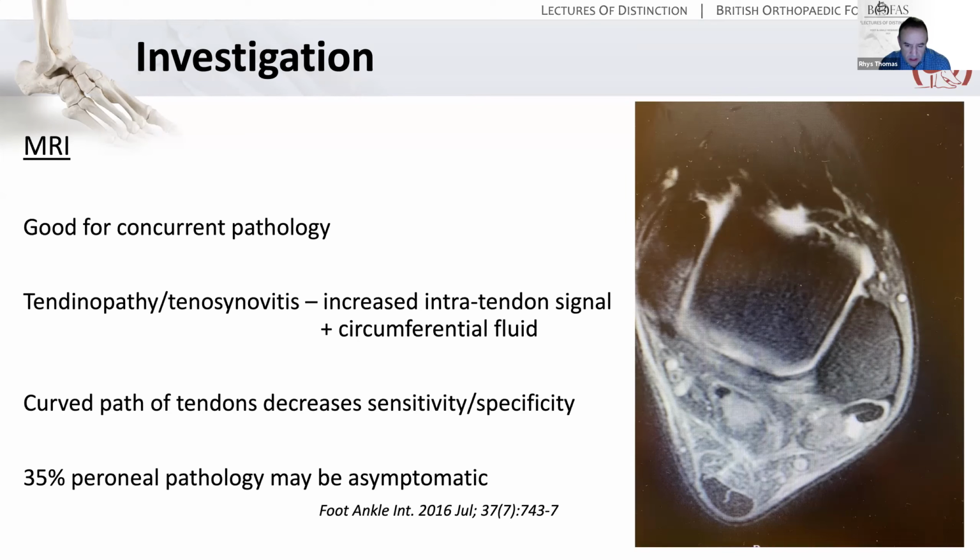One thing that can be quite difficult if you're not looking at the sections yourself is that, because of the curved path of the tendons, particularly coming around the lateral malleolus and underneath the cuboid, that can decrease the sensitivity and specificity of picking up subtle abnormalities and small tears. Don't forget that up to 35% of peroneal tendon pathology may be asymptomatic. So take your radiological findings in concert with your clinical examination.